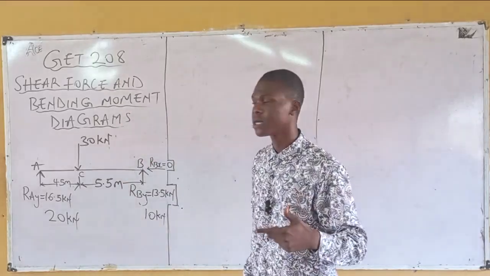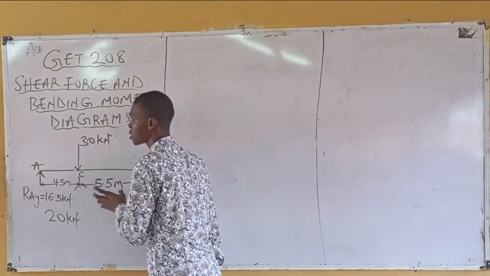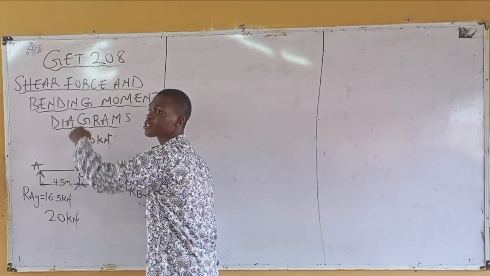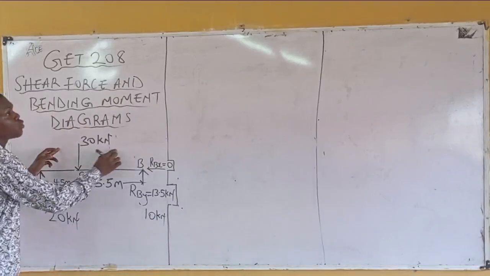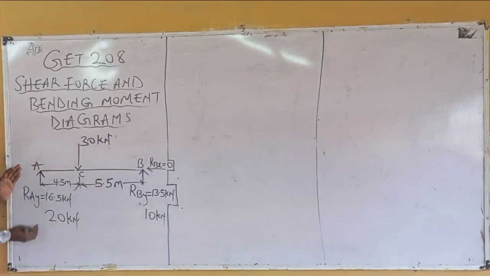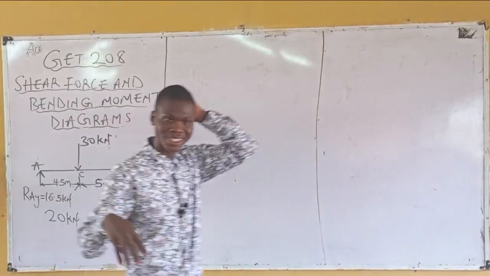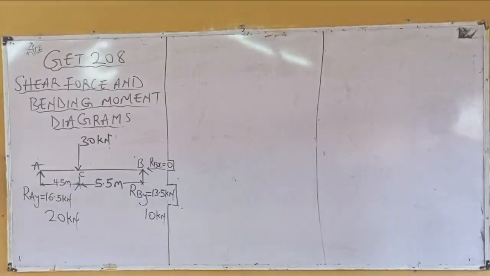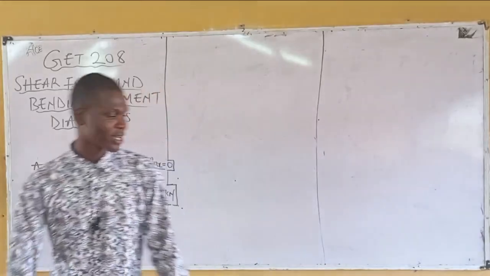When you have this type of structure, a beam, and this load is subjected to it, and it is 30 kilonewton, meaning RAY. Are we together? Or am I too fast? If I'm too fast, you can bring me back.